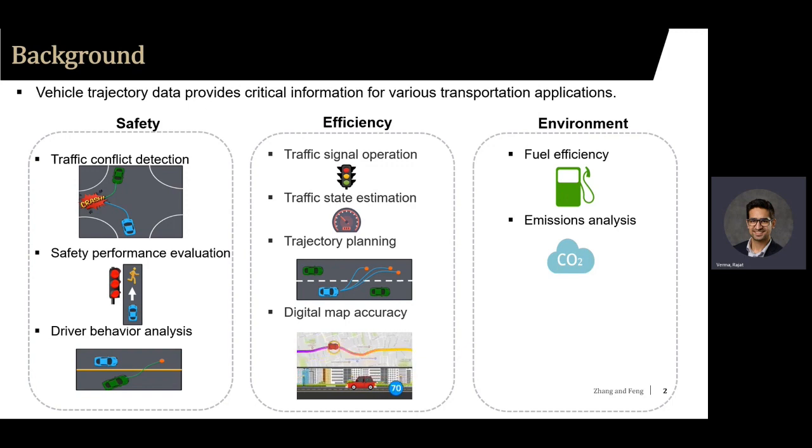In the example I gave, like traffic control, we probably only need aggregated information like total delay or total queue length. But for vehicle trajectory planning, we really need to know the detailed trajectory of all the surrounding vehicles. So that's why we need the detailed trajectory.